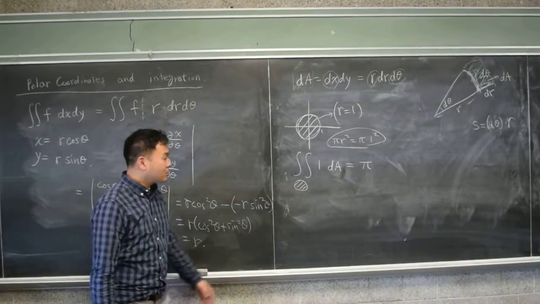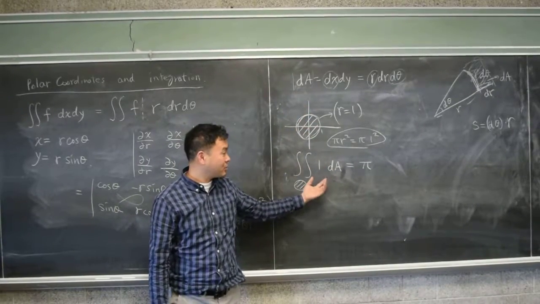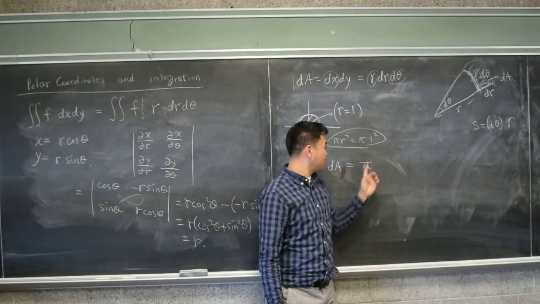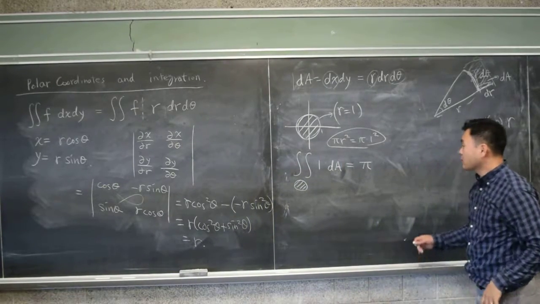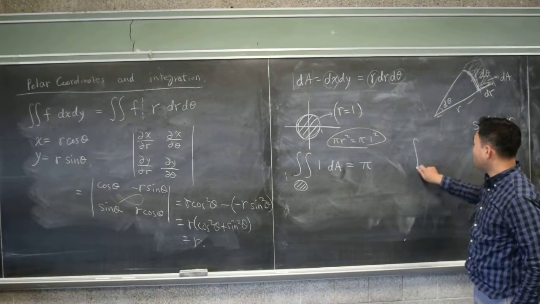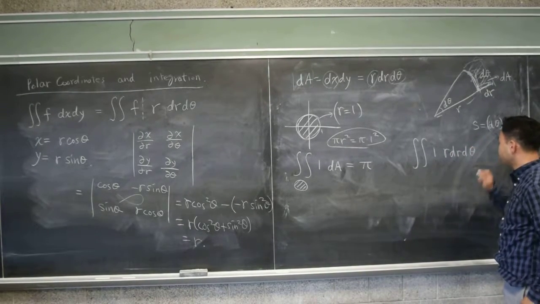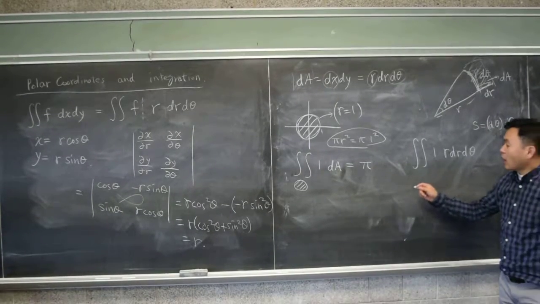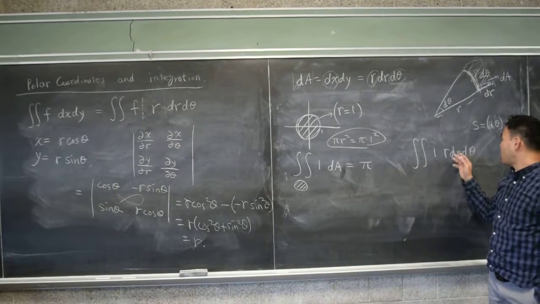Okay, so this is a very, very trivial example, which I want to use because it's so straightforward. If our calculation does lead to the same answer, then we can fully trust this. So according to our prescription, we have to do 1 r dr d theta. And then I have to describe this domain in r and theta.